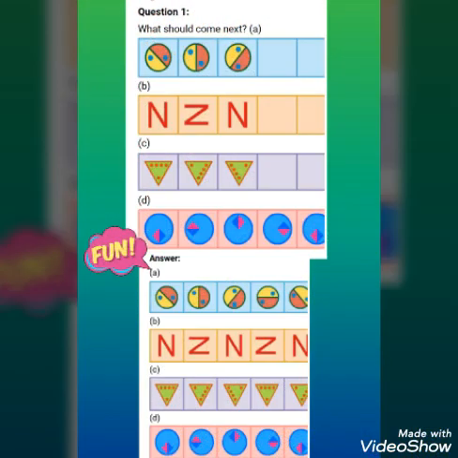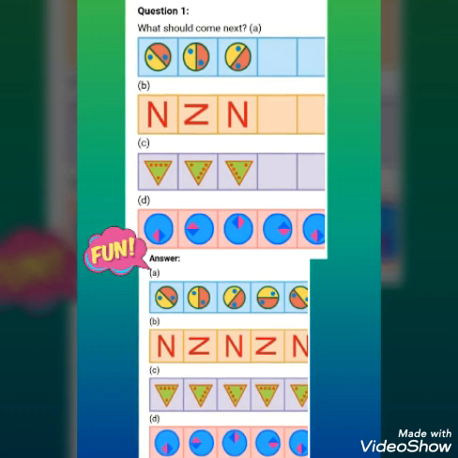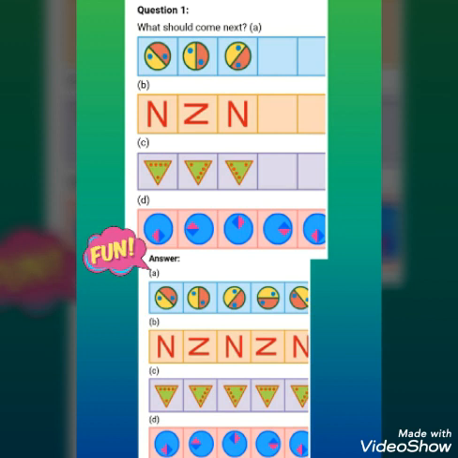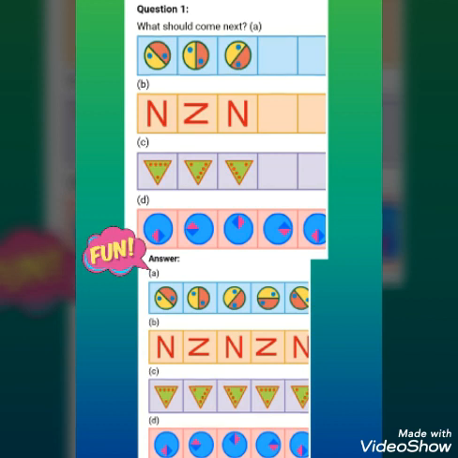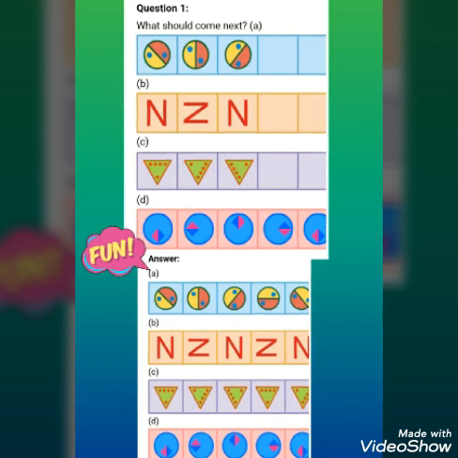Now let's come to the question part. Here you can see there are 4 questions. You have to fill up the blanks, the boxes you have to fill up. The first 3 of number A is given, like a circle is there, half of the circle is yellow and half is red, and there are 2 blue dots, or I may call 2 blue small circles inside.